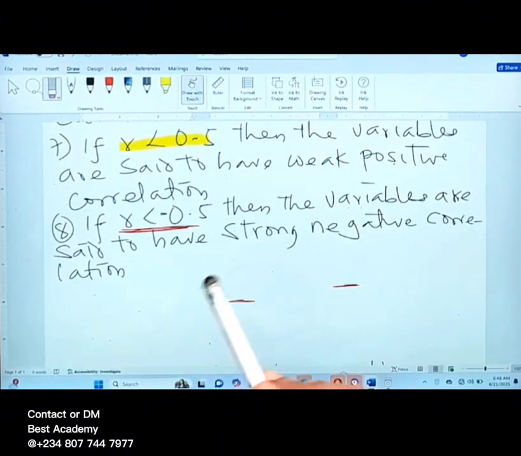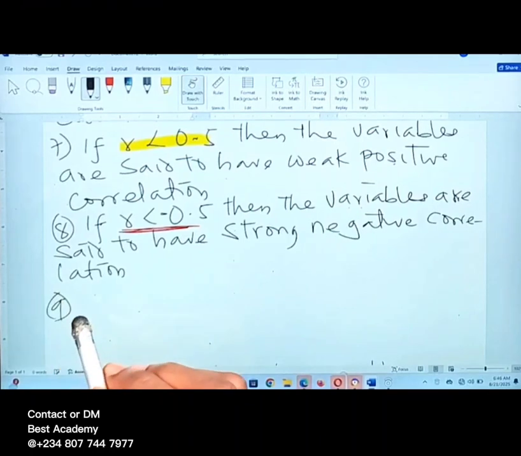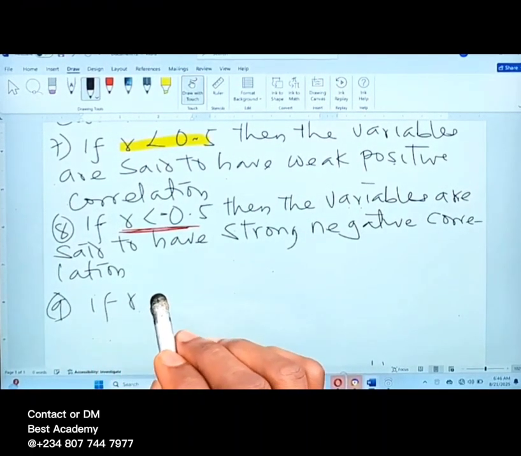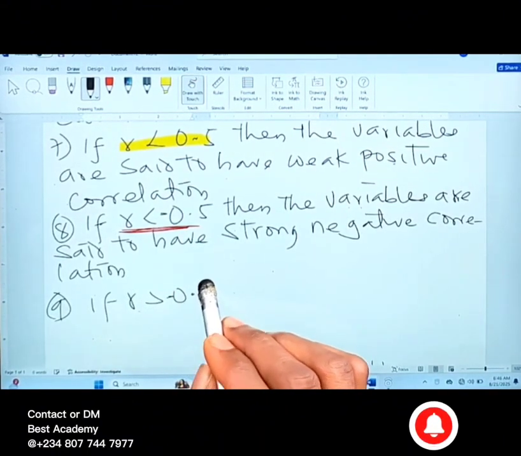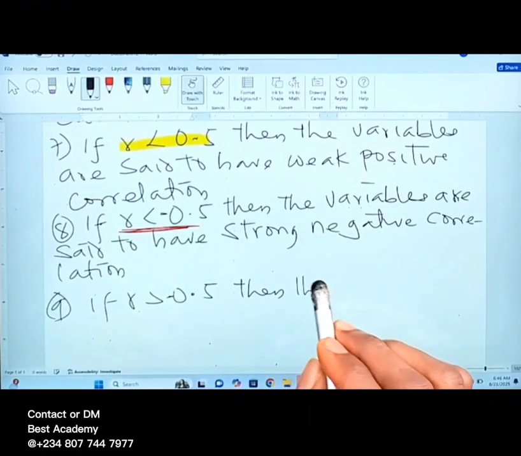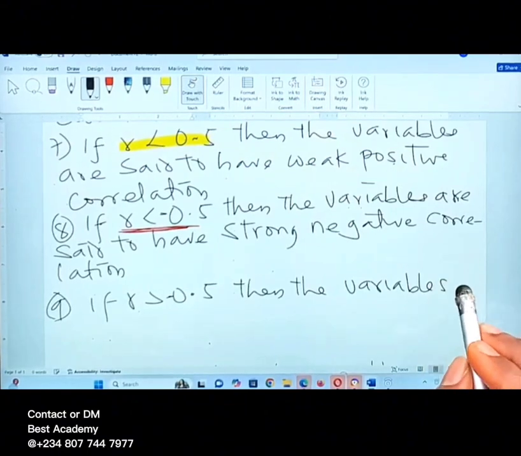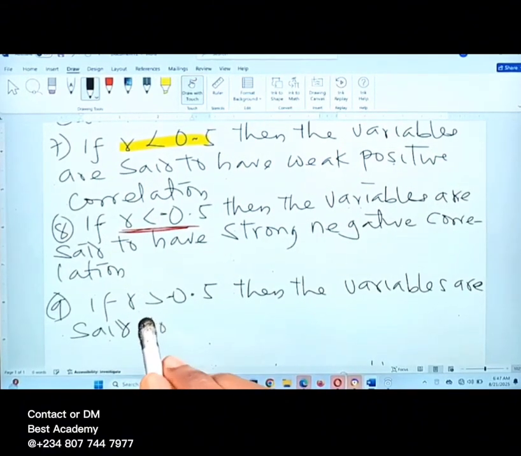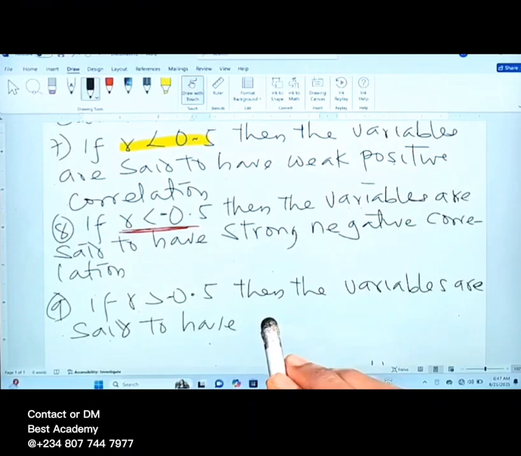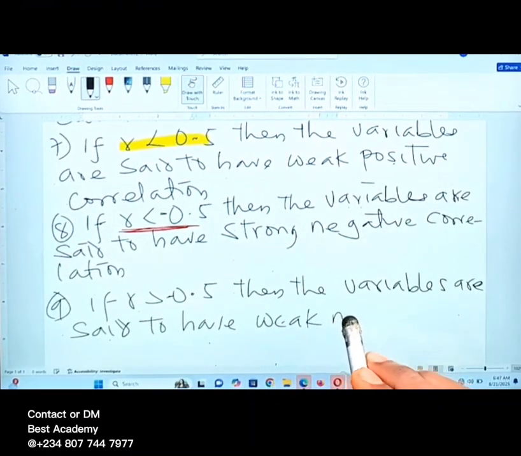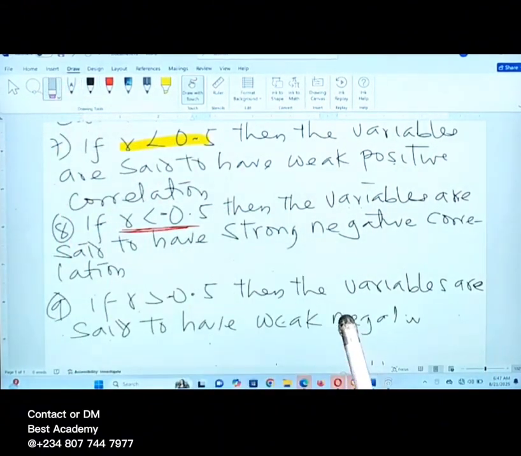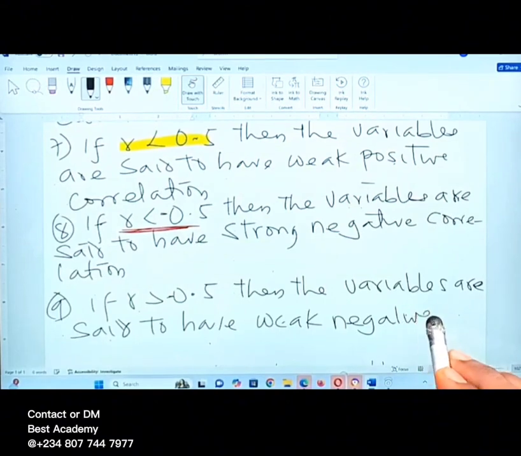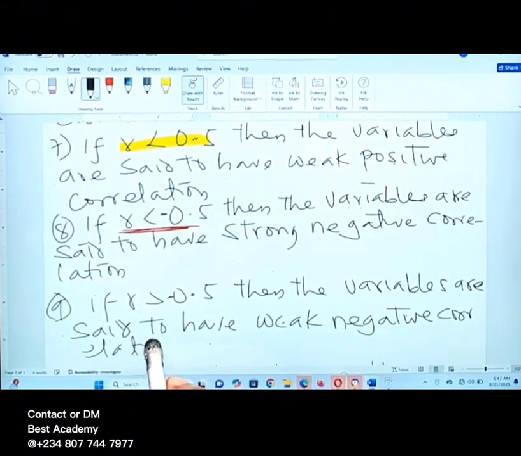So let's get the next one, 9. If r is greater than minus 0.5, then the variables are said to have weak negative correlation.